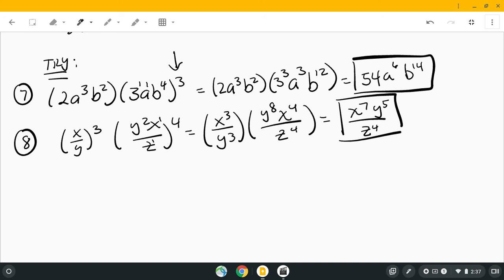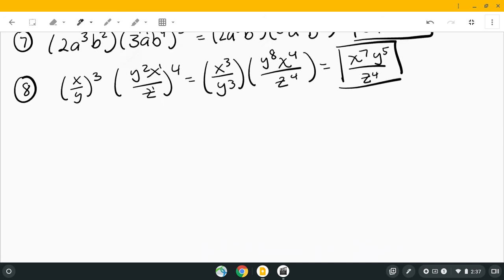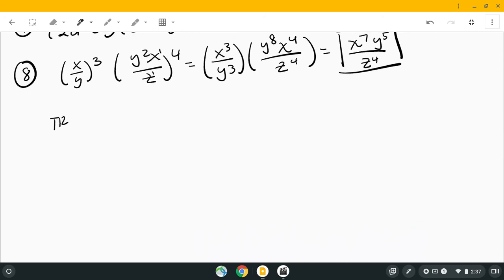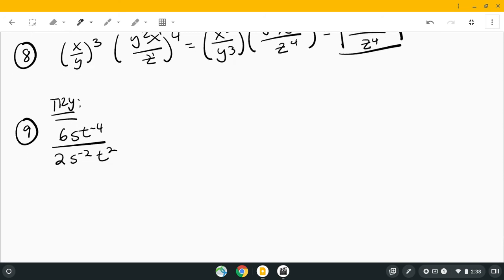And let's try some with negative exponents. Give these two a try. Try 6st to the negative 4 all over 2s to the negative 2 t squared. Okay, so you're going to try that one.